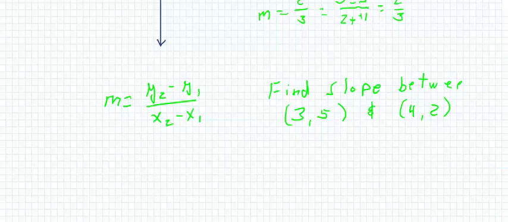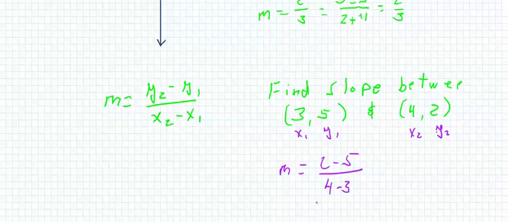So this is x1, y1. This is x2, y2. Doesn't matter which one you call x1 and which one you call x2. This could be point 1, this could be point 2. Doesn't matter. So y2 minus y1, 2 minus 5, over 4 minus 3 is 1. So we end up with -3 over 1, or -3. That's it. Plug it into the formula.